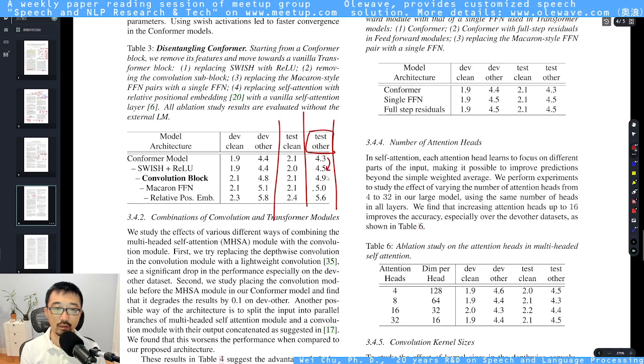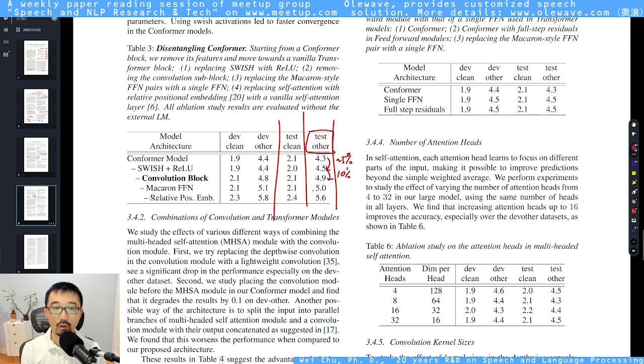You get the degradation. And when you remove the convolutional block, you suffer the most. I think you suffer like 10%. This is almost around 5%, okay? Which is not bad. This is almost like 10%.